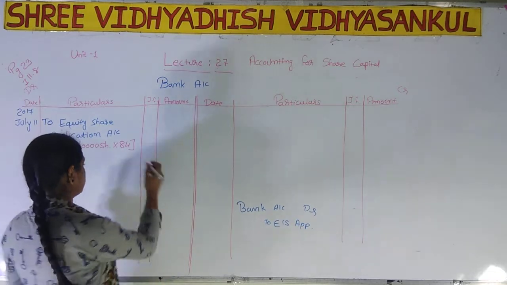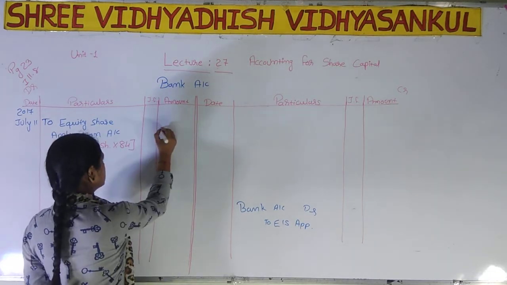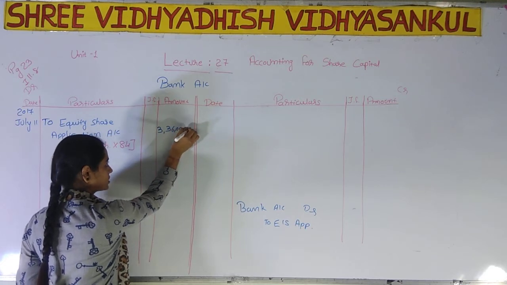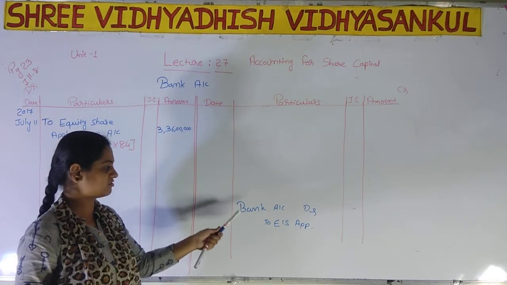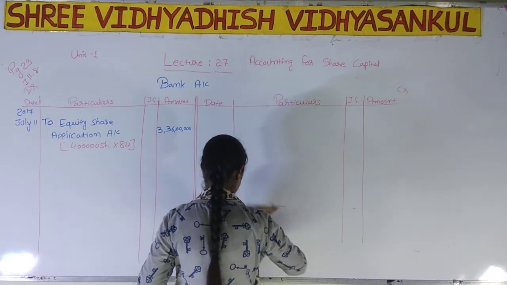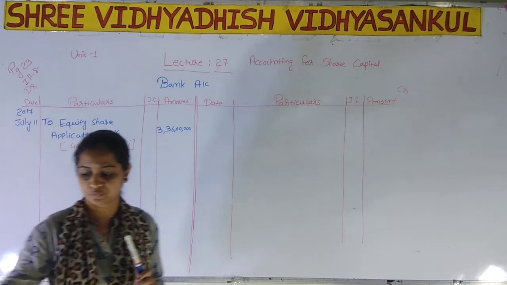That means total we have received 3 crore 36 lakh rupees, right? See, this entries I am writing to make you understand the concept, right? No need to write this.